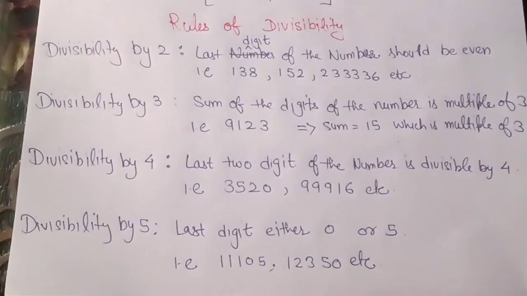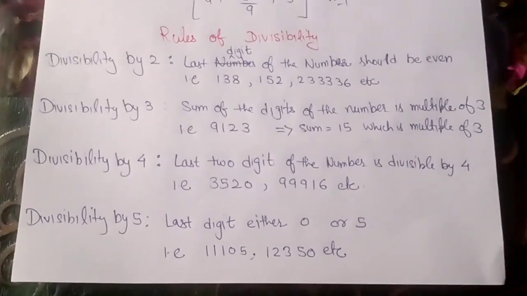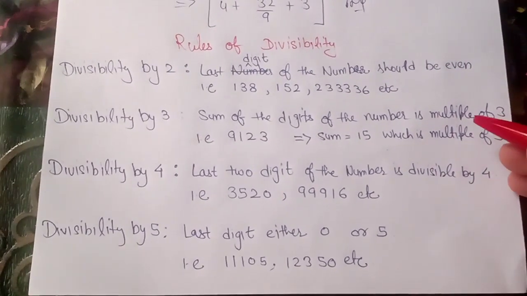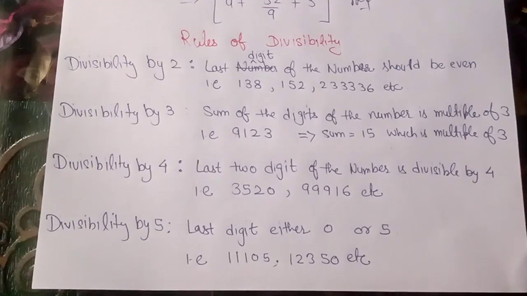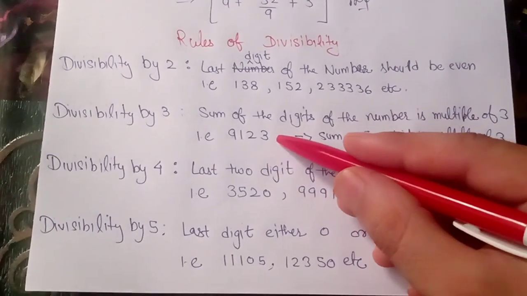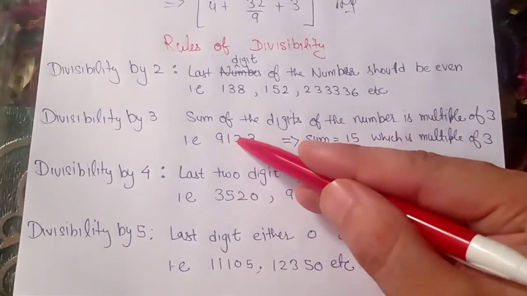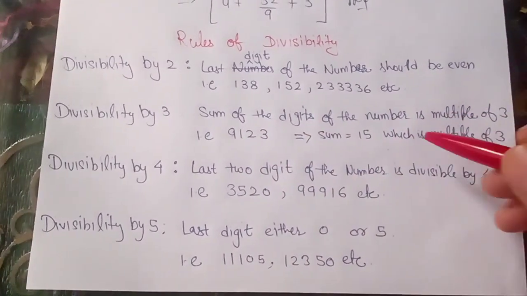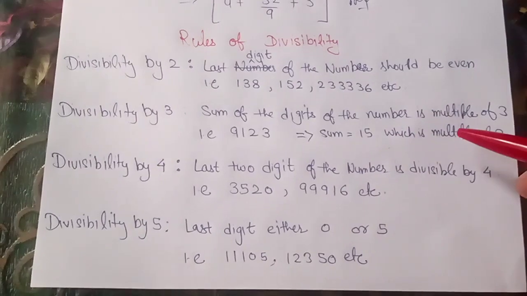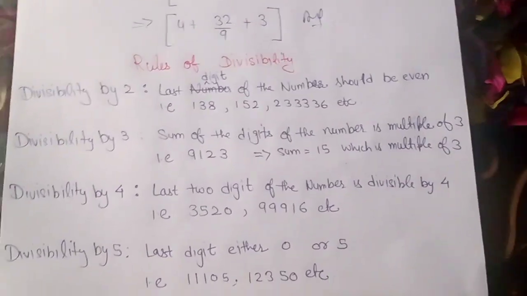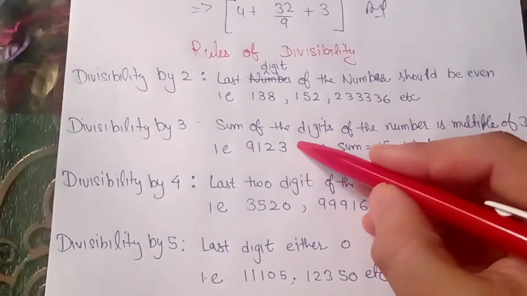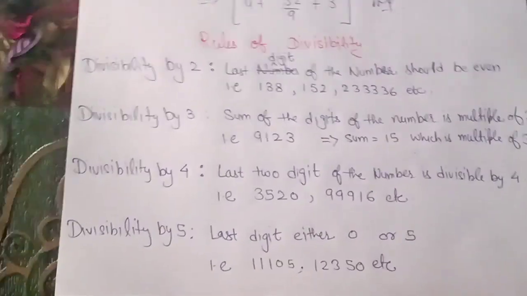Divisibility by 3: the sum of the digits of the number is a multiple of 3. For example, if you have this number, the sum of the digits 3, 5, 5, 6, 9, 6 is 15, and this 15 is divisible by 3. So we'll say the given number is divisible by 3.